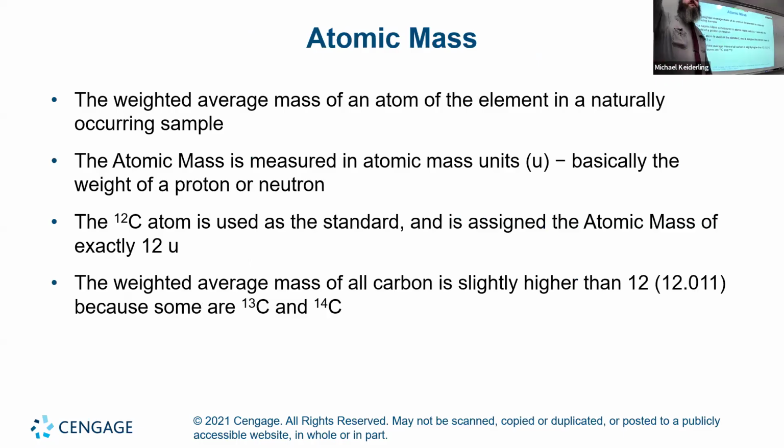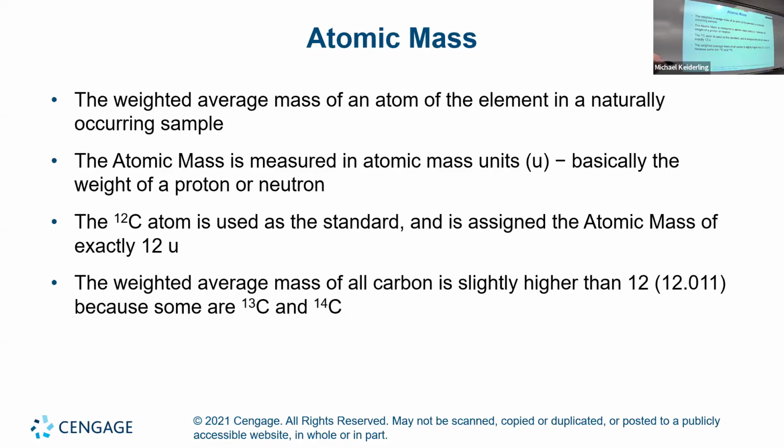So the atomic mass you see on a periodic table is a weighted average of the mass of an element in a naturally occurring sample. So if you look at the atomic mass of hydrogen, for example, you'll see it's a little bit more than 1. That's because the deuterium is causing it to go up a little. A carbon-12 atom is used as the standard and is assigned the atomic mass of exactly 12 u.